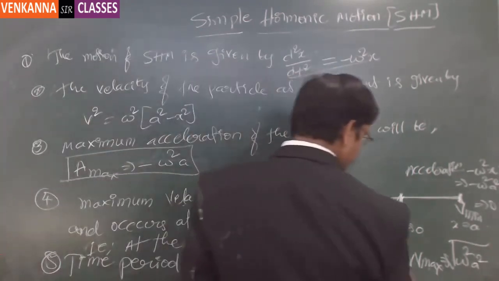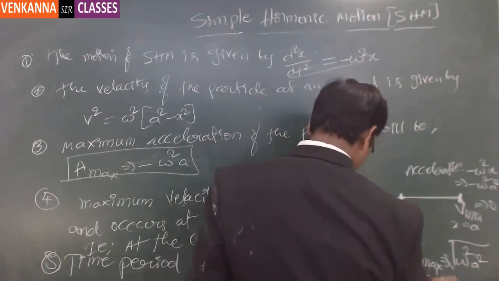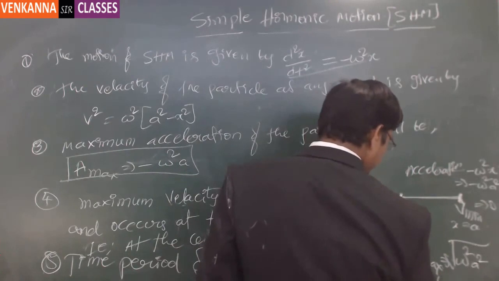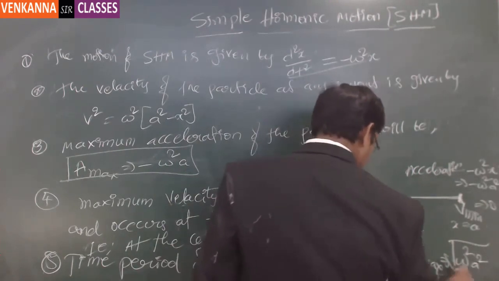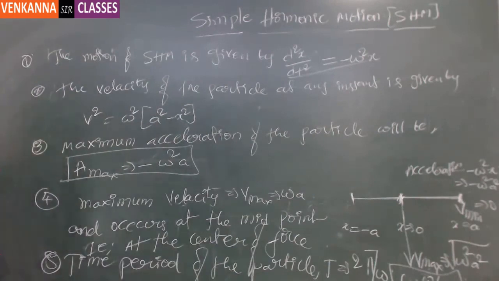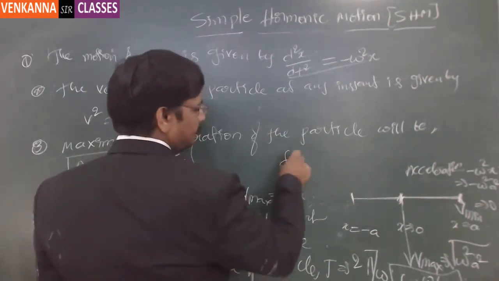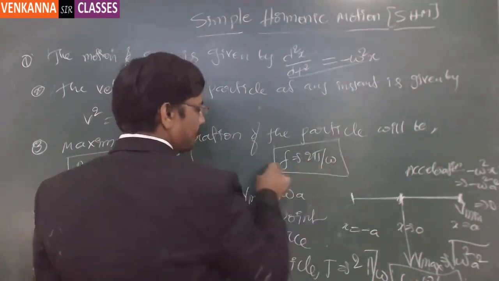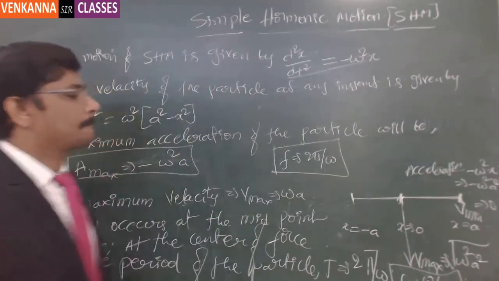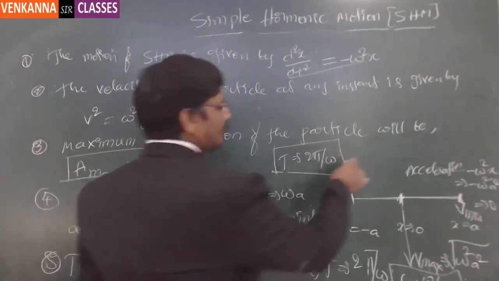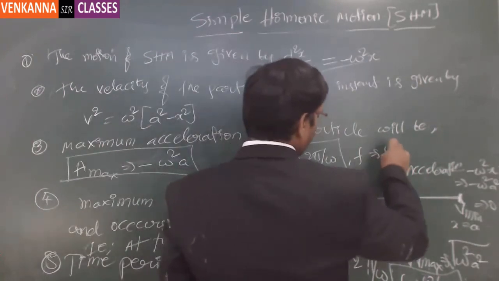From the same relation, f you can write as omega by 2 pi. This is the frequency. Got it? I'll write it here: T is equal to 2 pi by omega, and f is equal to omega by 2 pi.